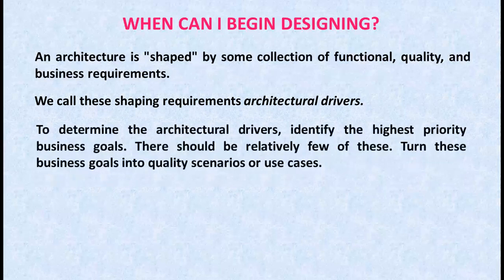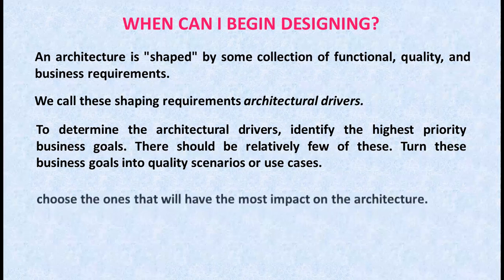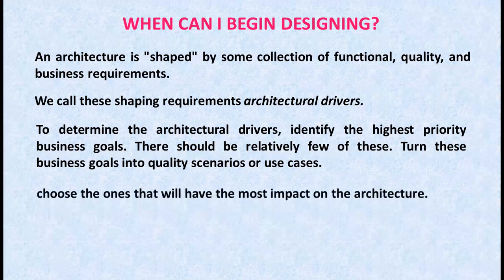To determine the architectural drivers, we identify the highest priority business goals. There should be relatively few of these, which we turn into quality scenarios or use cases. From this list, we need to choose the ones that will have the most impact on the architecture, and these are the architectural drivers; there should be fewer than 10.